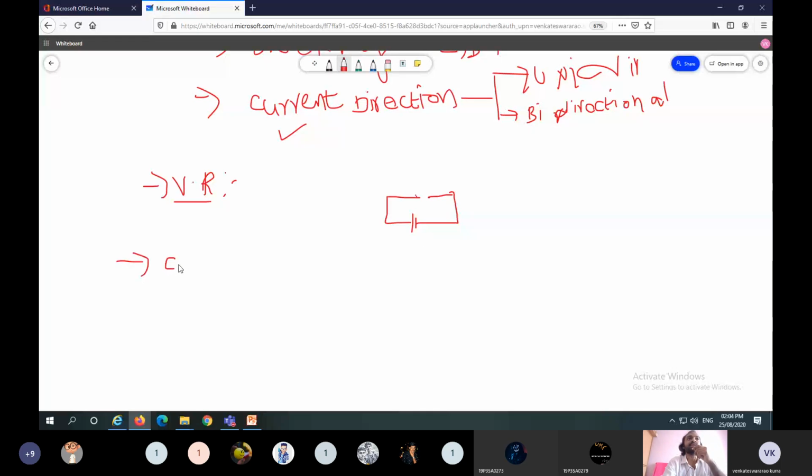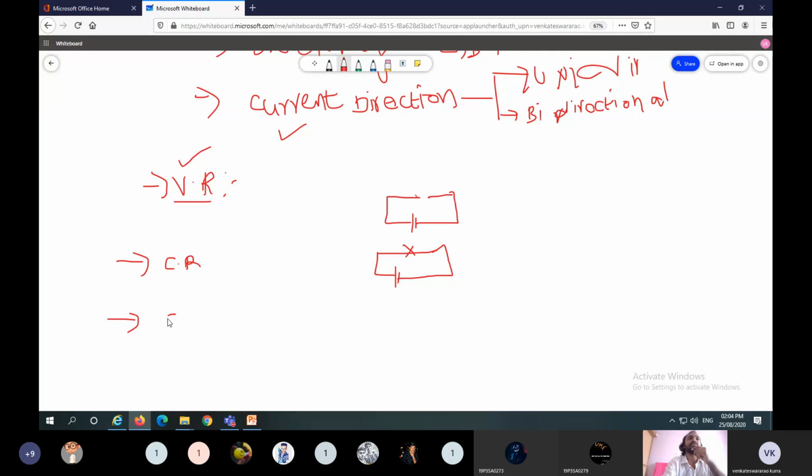Next one is current rating. That is the maximum capacity of the device. The maximum allowable current during the on state of the switch is known as the current rating, that is, the maximum rated current.